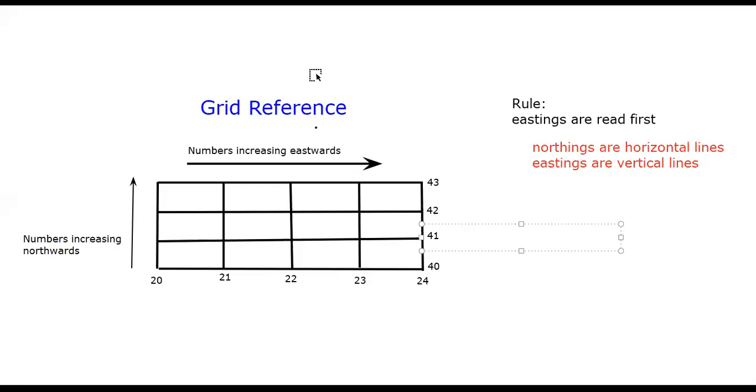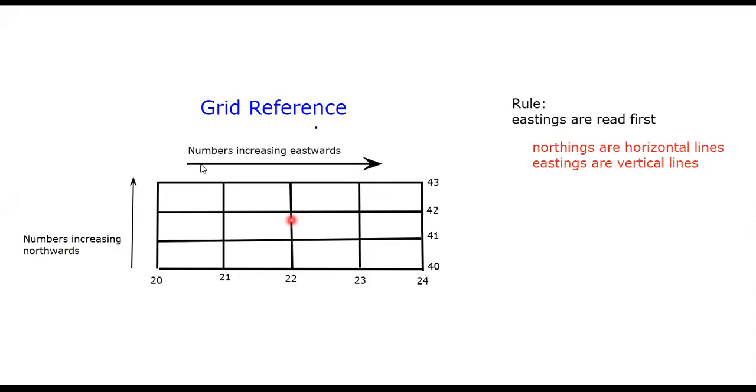So we have two parts of the grid. Of course, for grid reference we need a grid. We have the northings, which are the horizontal lines, and we have the eastings, which are the vertical lines.